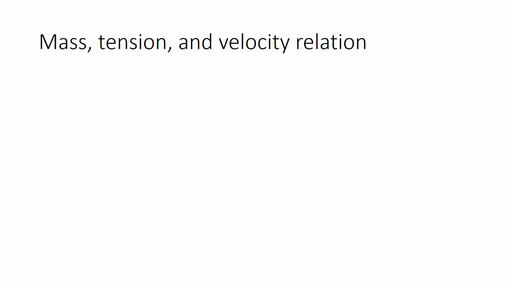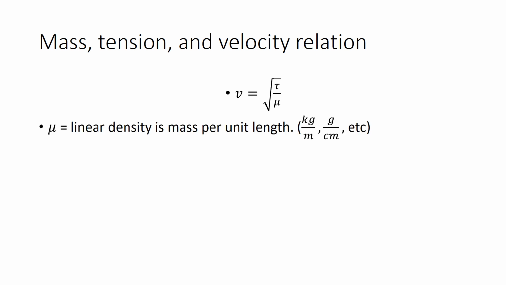Okay, now we're going to talk about the mass, tension, and velocity relation. The velocity of the wave is going to be equal to the square root of the tension over the mass density. Now here we're talking about linear mass density, where it's a mass per unit length. You may be familiar with regular density, which is a volume density, which is a mass per unit volume.